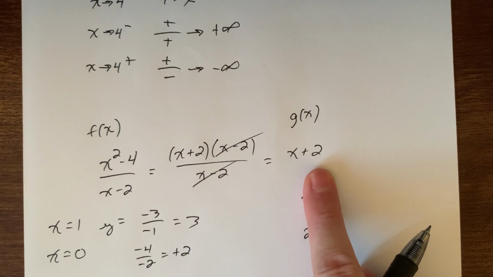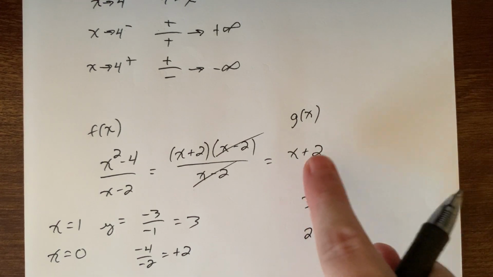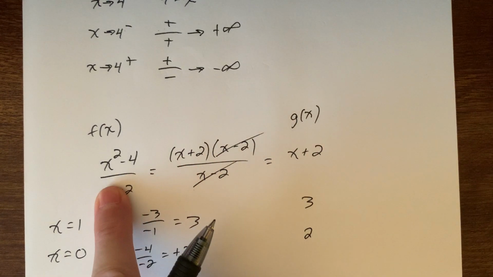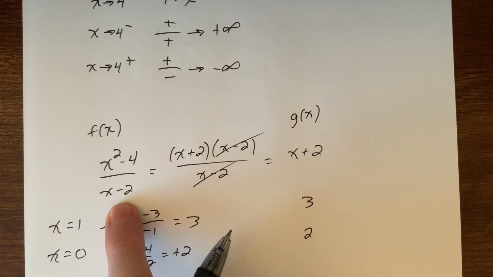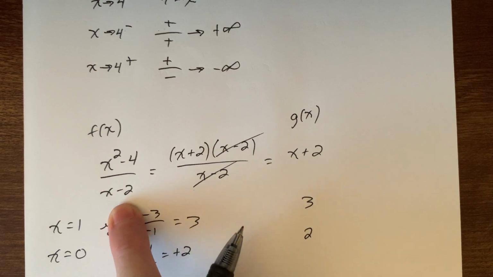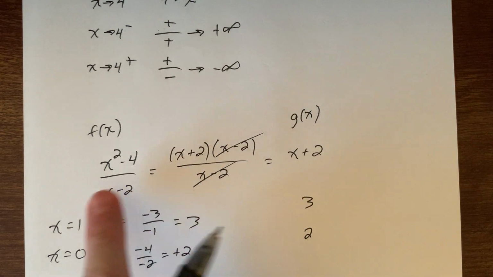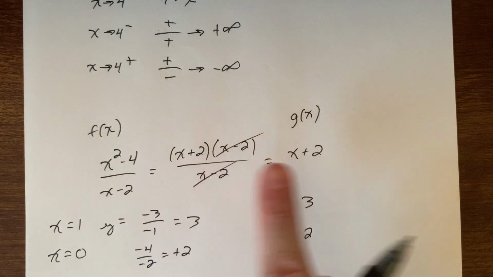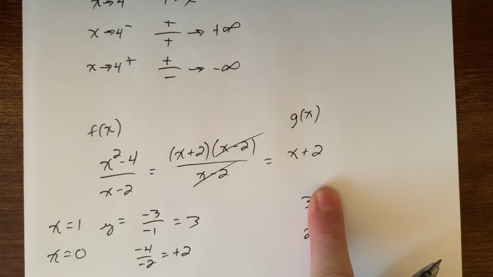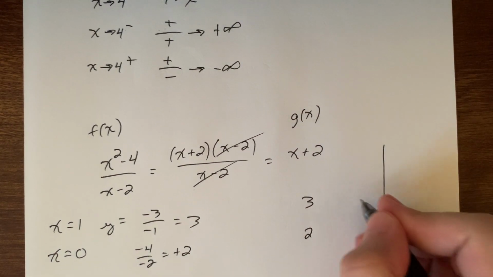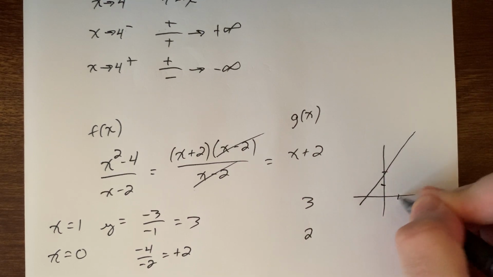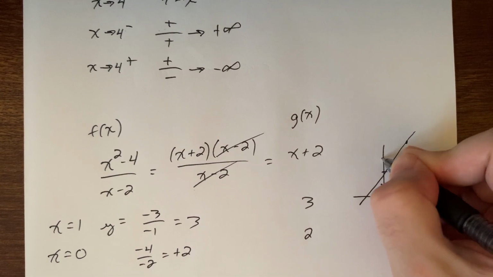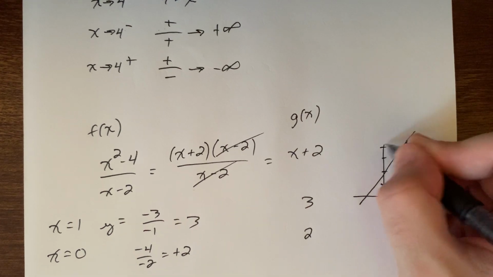So I'm doing all this to make a big point. The graph of this basically gives us the graph of this. The only thing that's different is exactly what happens at x equals 2, but all the values as x approaches 2, if I started plugging in 1.9, I'd get the same thing. If I plugged in 2.1 in both of these, I'd get the same thing. So the graph of this, which is just a simple straight line, and if I go to x is 2, I'd realize I'm lining up.